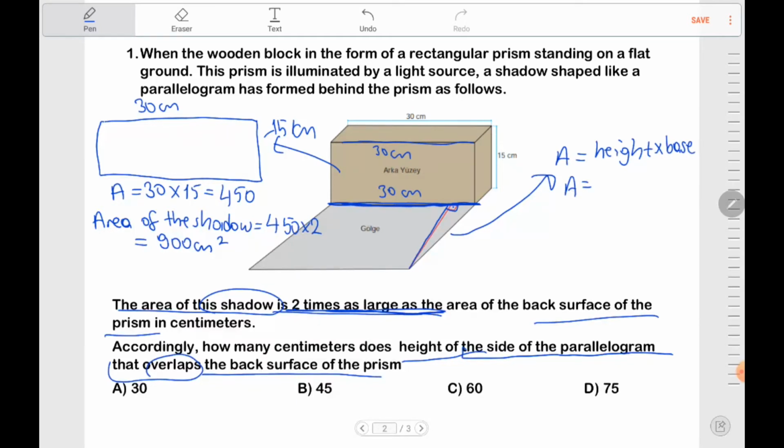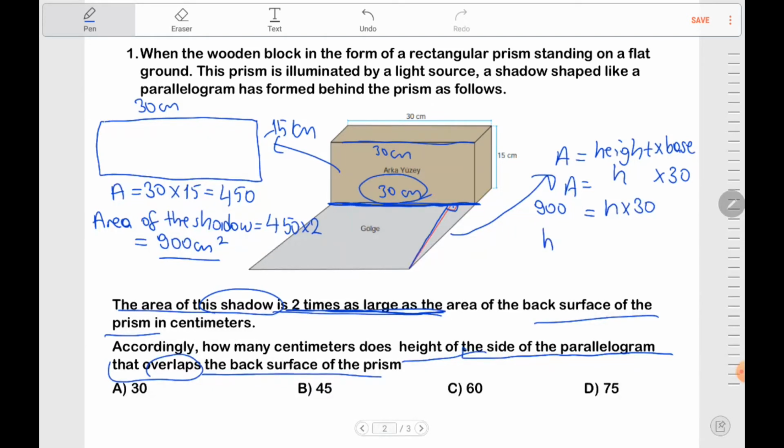So, our base is 30 centimeters. And I don't know the height, but the area is 900 centimeters square. So 900 centimeters square equals height times 30.